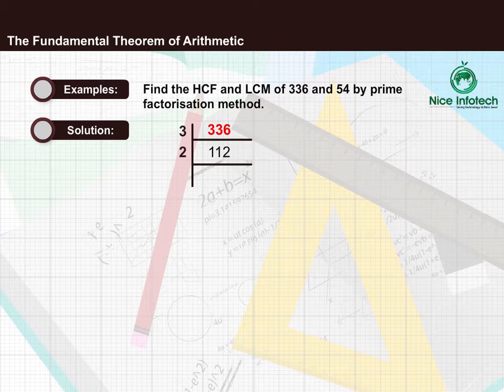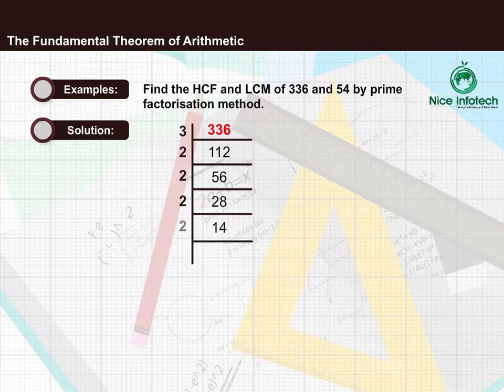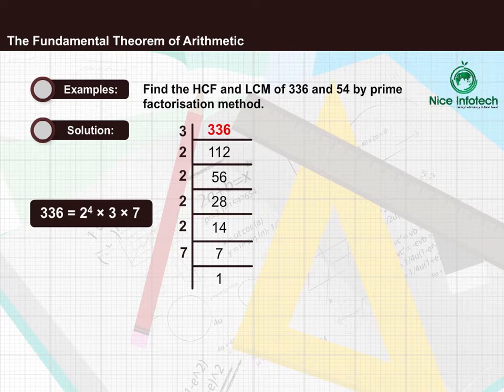Now, 112 is divisible by 2, which gives us 56. Continuing this process further, we get 1. So, the factors of 336 are 2 raised to the power 4 times 3 times 7.